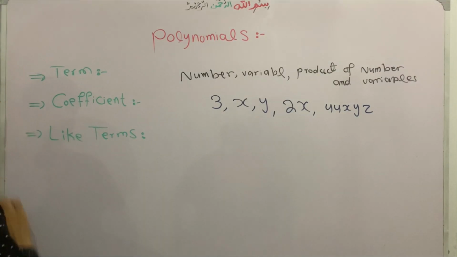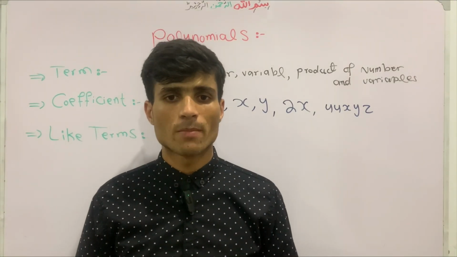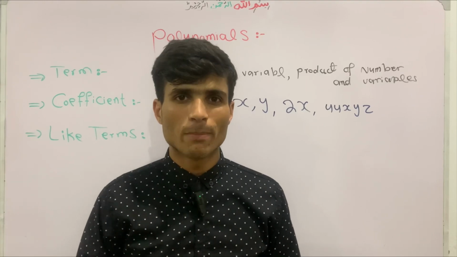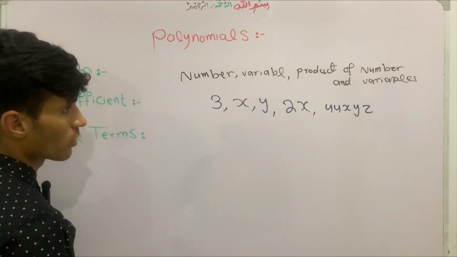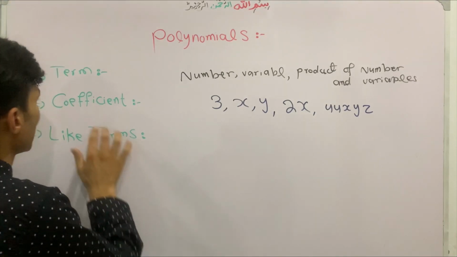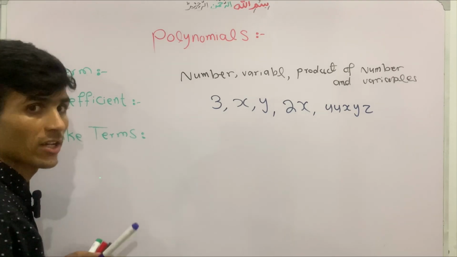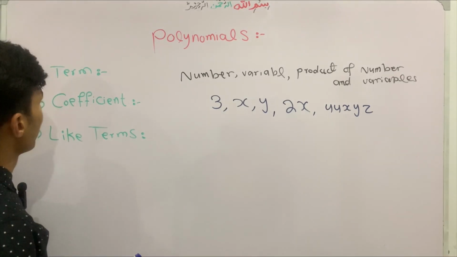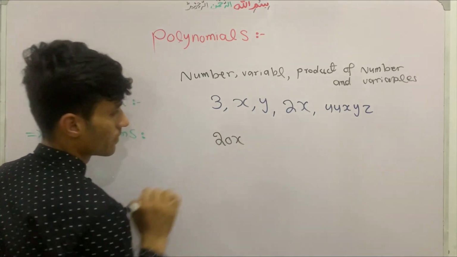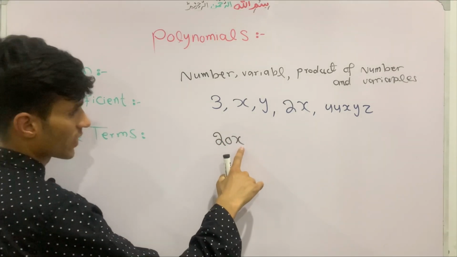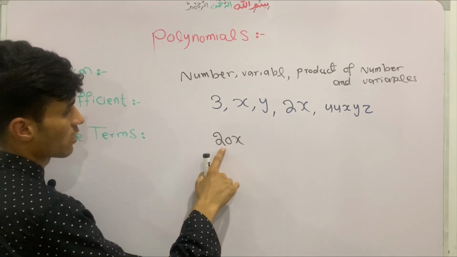Now, what a coefficient is. Coefficient is a number or something else that is multiplying a variable. A number multiplying a variable is said to be the coefficient of that variable, right? Or the coefficient of that term. For example, 20x. This is our variable, and what is multiplying the variable is the 20.